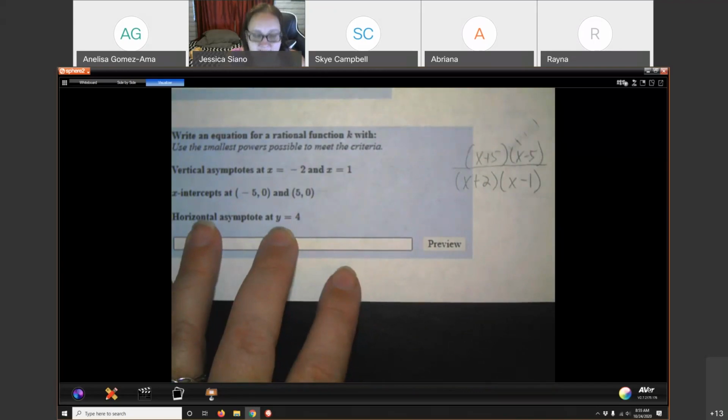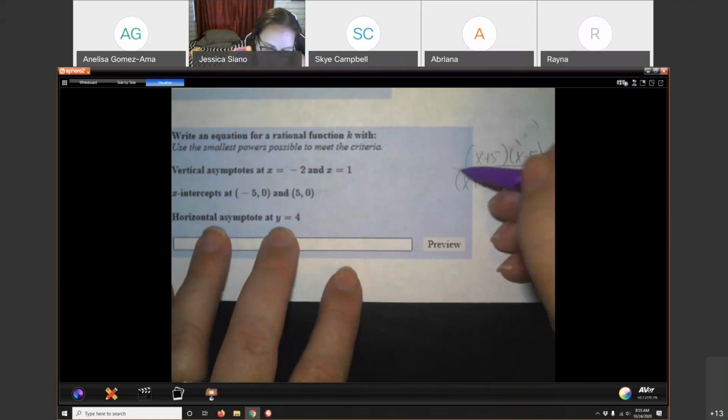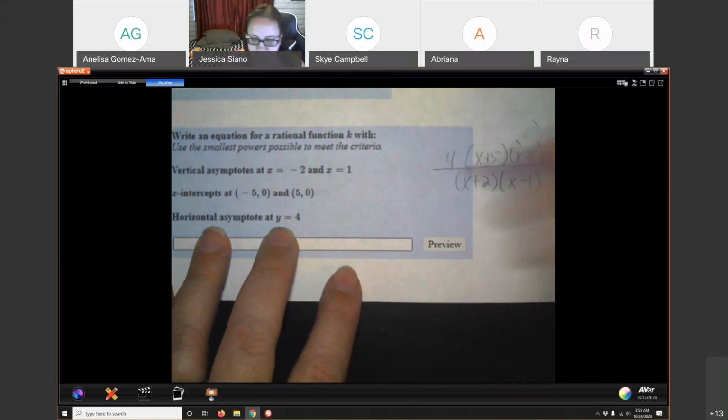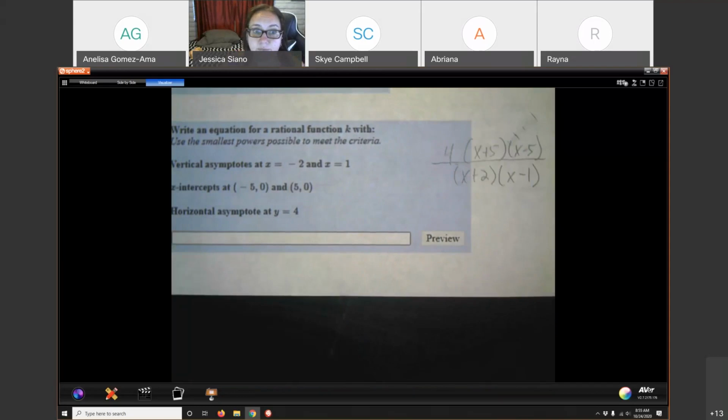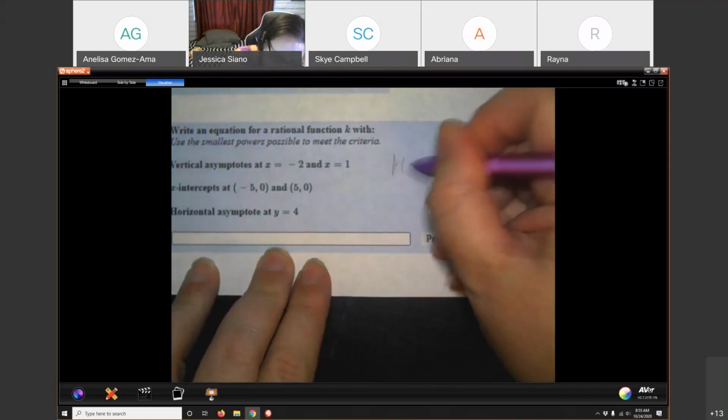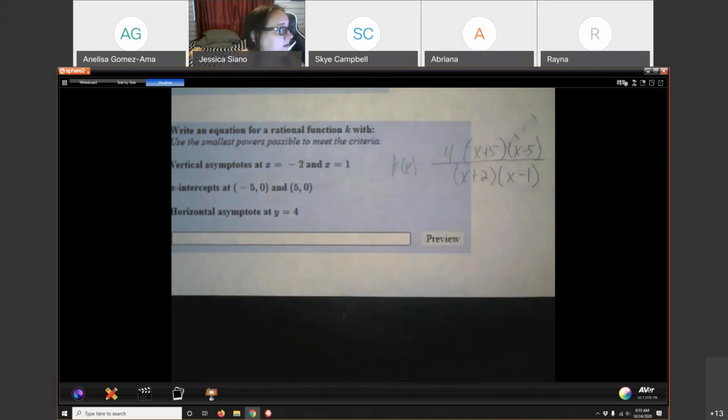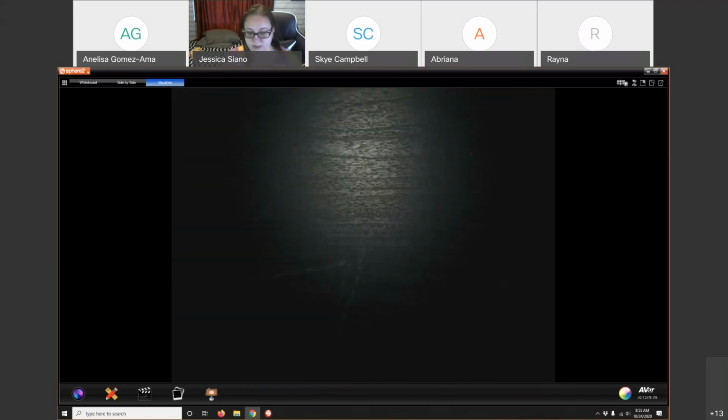And then a horizontal asymptote at 4 would mean that your leading coefficients would need to reduce to 4 over 1. So just put a 4 there. Okay. That's everything.